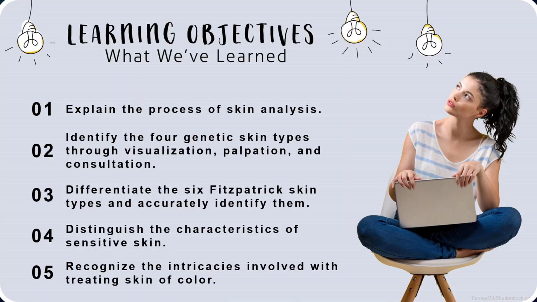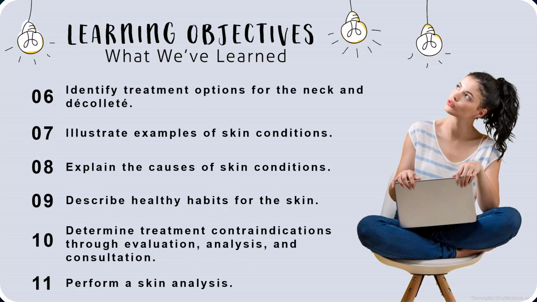So our learning objectives were to explain the process of skin analysis, identify the 4 genetic skin types through visualization, palpation, and consultation, differentiate the 6 Fitzpatrick skin types and accurately identify them, distinguish the characteristics of sensitive skin, recognize the intricacies involved with treating skin of color, identify treatment options for the neck and décolleté, illustrate examples of skin conditions, explain the causes of skin conditions, describe healthy habits for the skin, determine treatment contraindications through evaluation, analysis, and consultation, and then also perform a skin analysis.